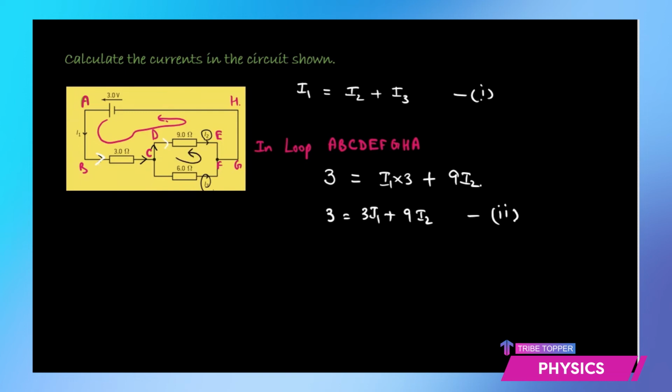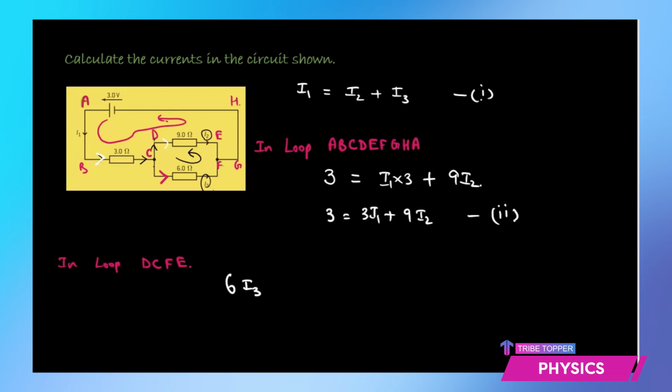And now if we look at loop 2, that is going to be this way. In this loop you are traveling in the loop DCFE, so you go from left to right. So your product is 6I3.